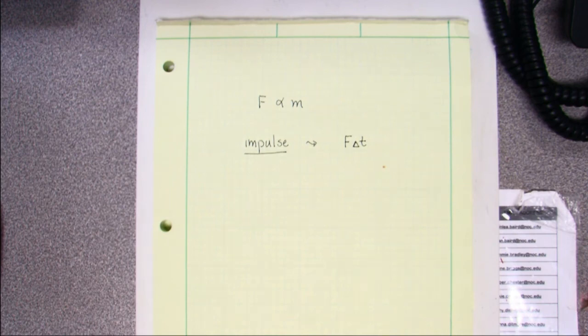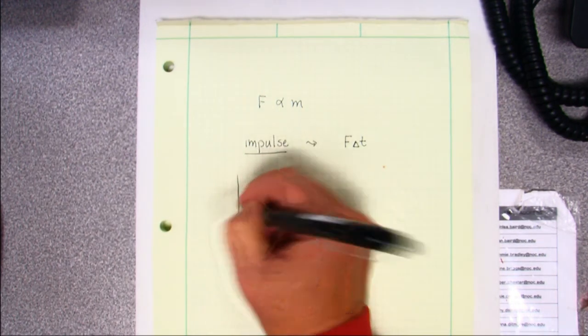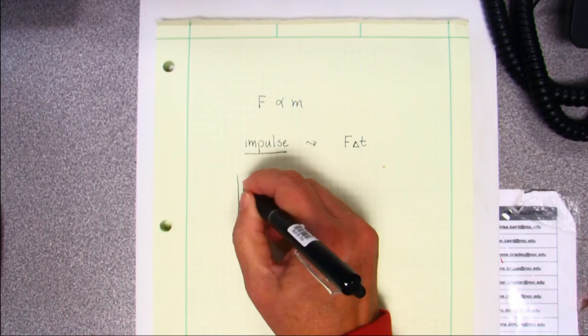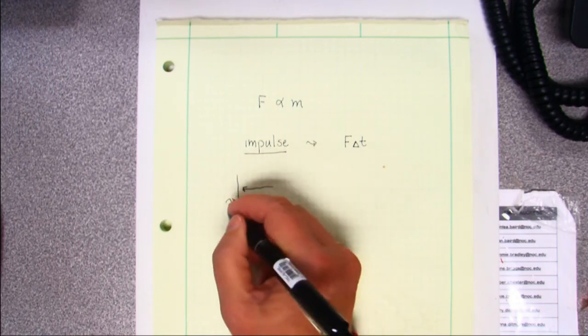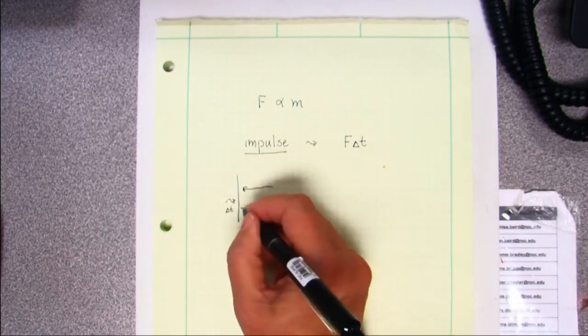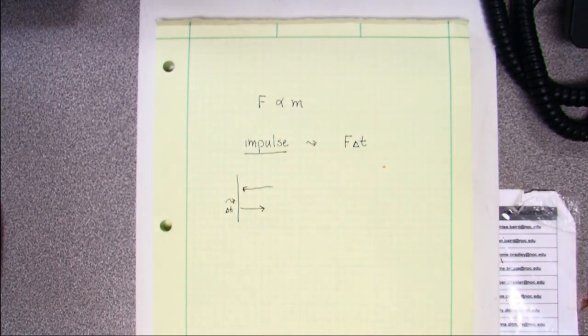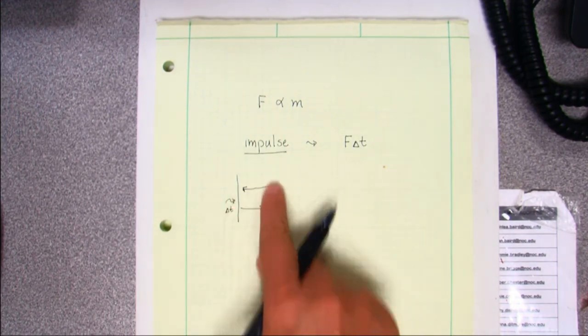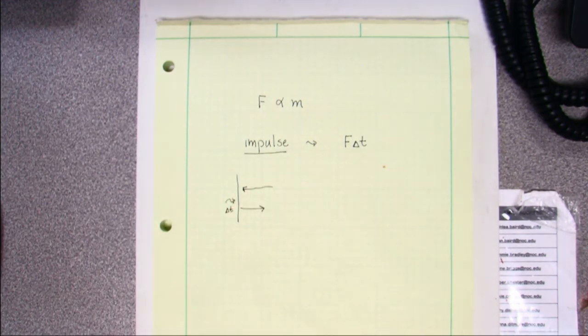And you guys actually had a problem. Remember we had the problem where we had the ball hit the wall and we told you how long it interacted with the ball and then it came off? And we looked at that homework problem, and we talked about the change in velocity.